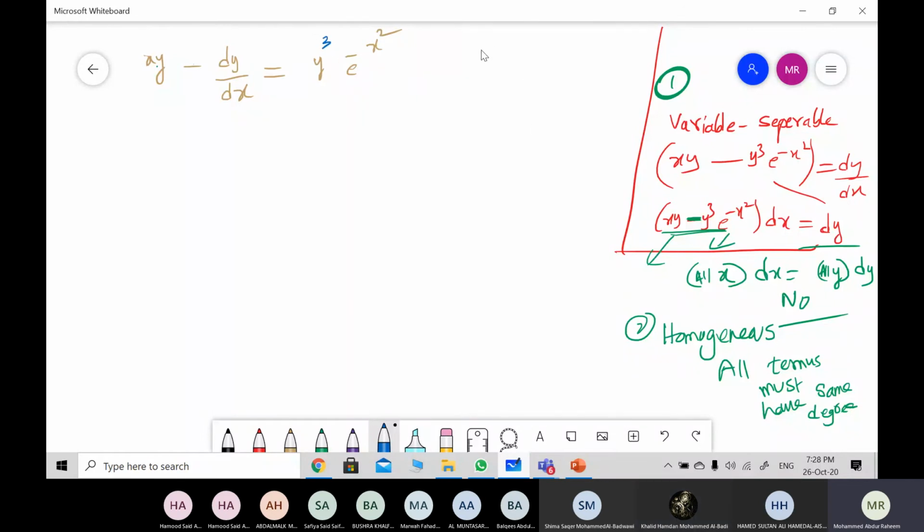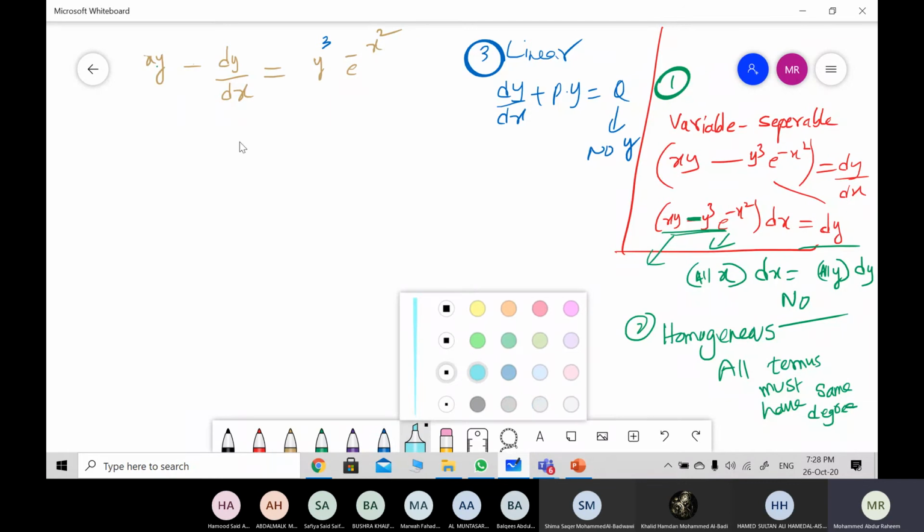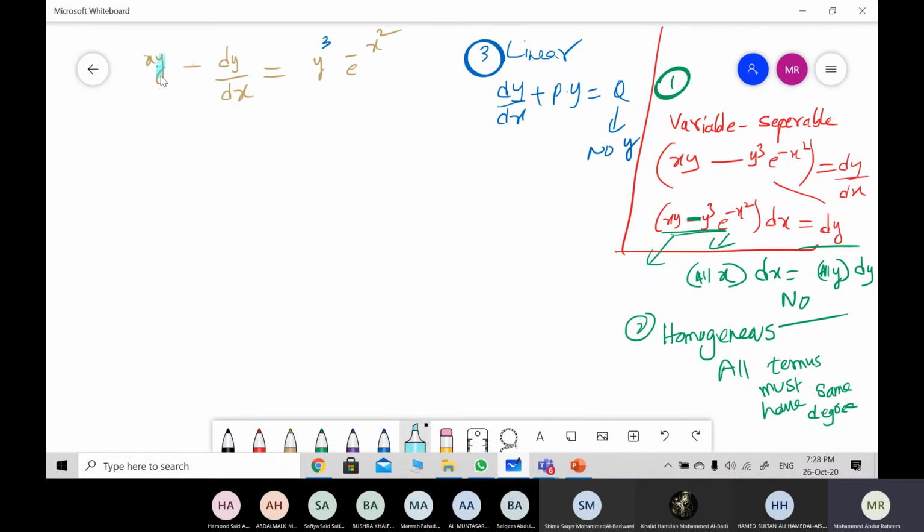Linear. Just linear then. Can I do the standard dy/dx plus Py equals Q? Here there is no y, only x. But if I see clearly, this is y, this is again y. Here y, here y, here y.